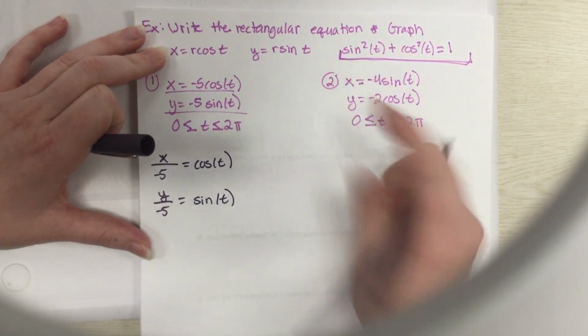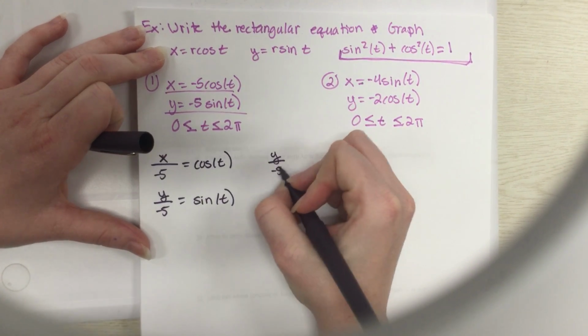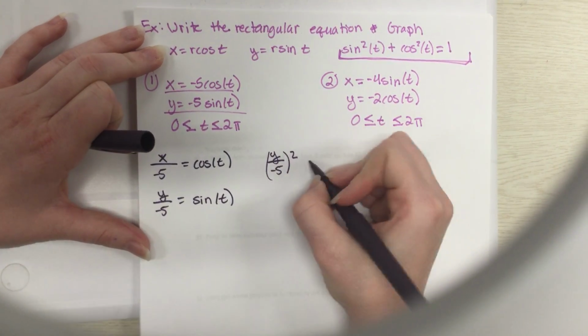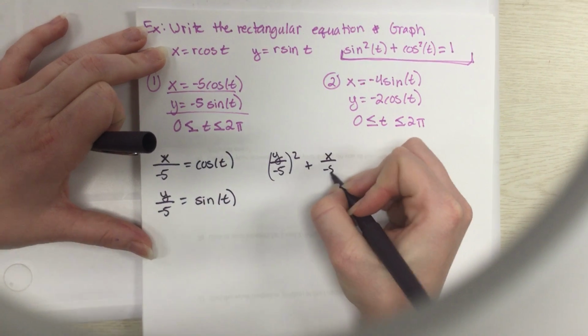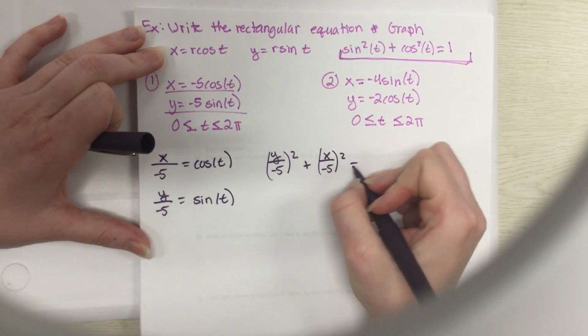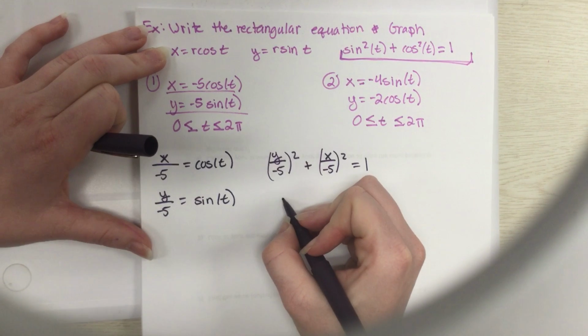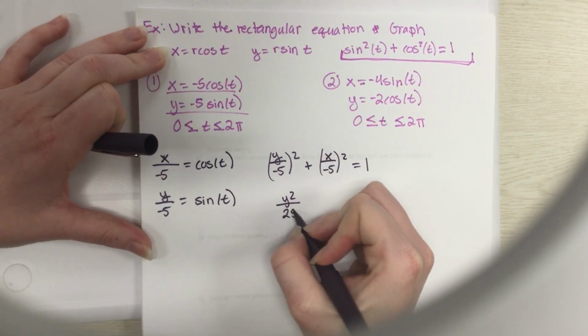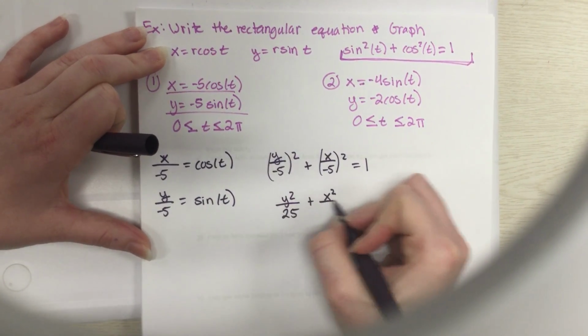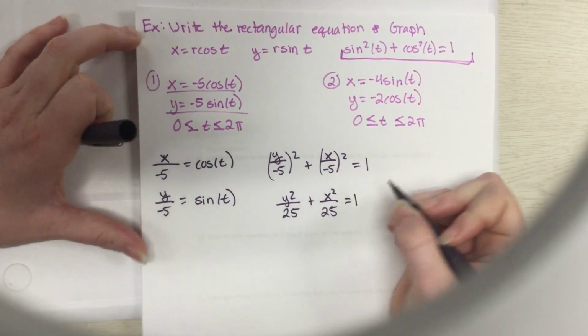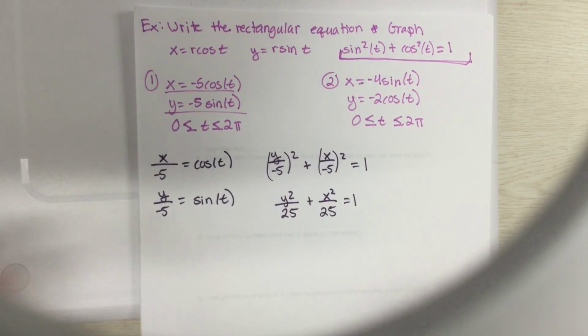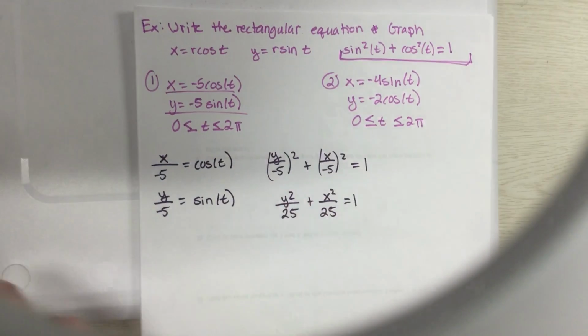So sine squared is going to be y over -5 squared plus x over -5 squared equals 1. So I have y squared over 25 plus x squared over 25 equals 1. Since the 5's were the same, I know I'm in a circle.